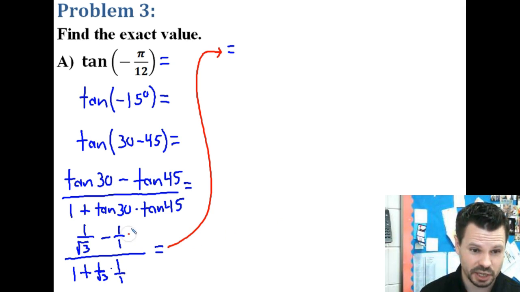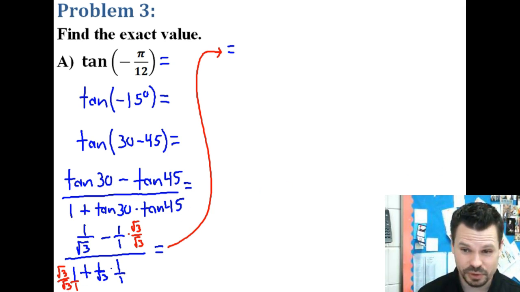So I'm going to multiply this fraction by root 3 over root 3. Same thing for this fraction, this 1 over 1, we can multiply by root 3 over root 3. That's going to allow me to add these together. So in the numerator I have 1 minus root 3, all over root 3.